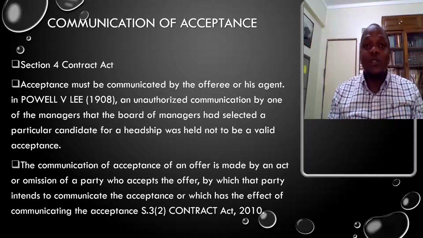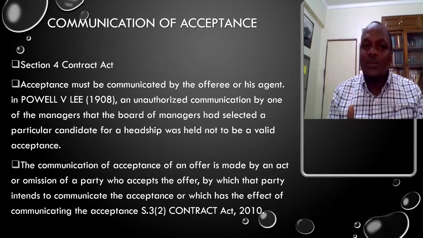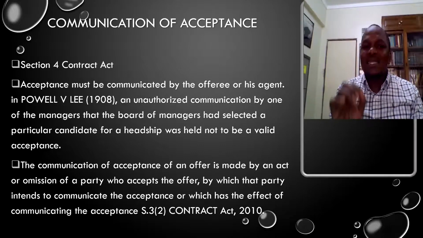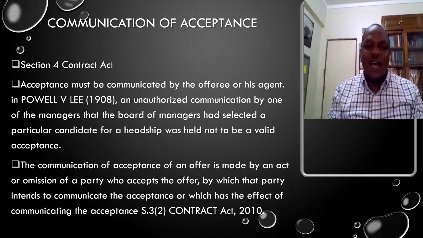You must make your intentions clear, and the only way you can do that is via communication. So without communication, you cannot talk about acceptance. Acceptance must be communicated in one way or the other.